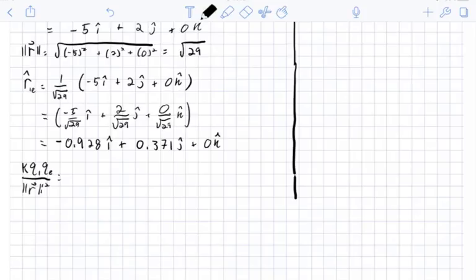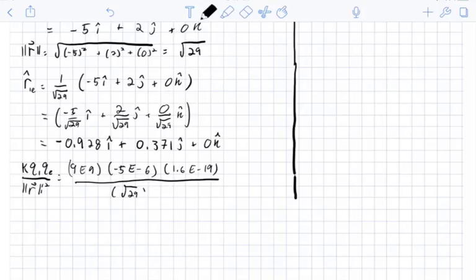So k is 9E9, and Q1 is minus 5E minus 6 coulombs, and the electron is 1.6E minus 19, divided by the distance between them squared, square root of 29 all squared, which becomes 5E minus 6 times 1.6E minus 19 times 9E9 divided by 29. 2.48 times 10 to the minus 16 newtons.